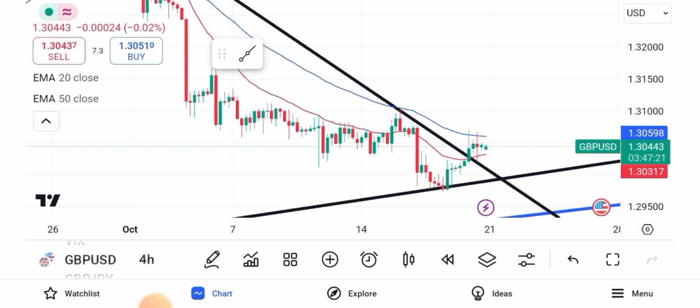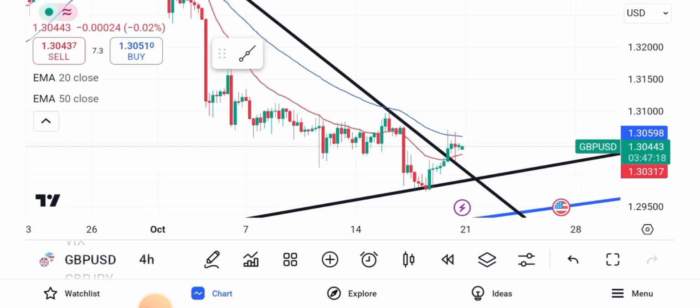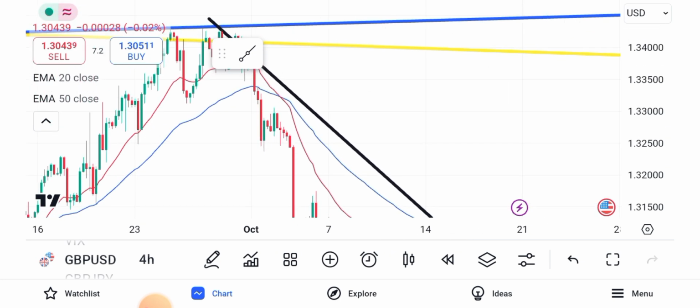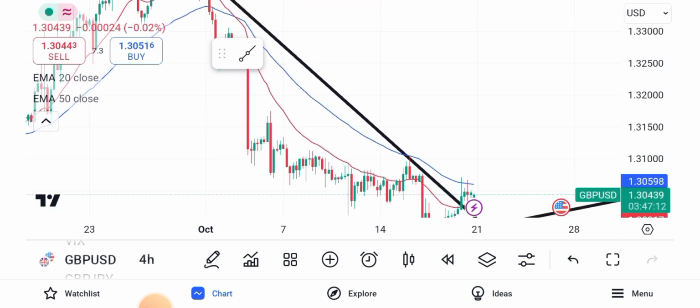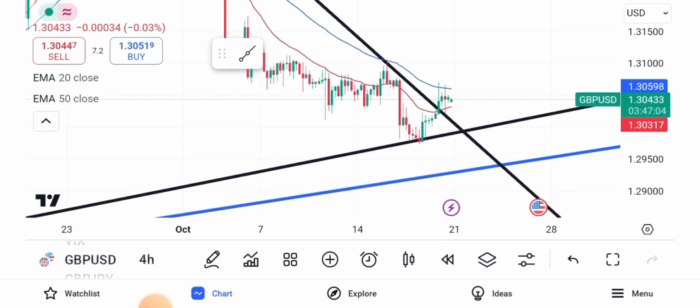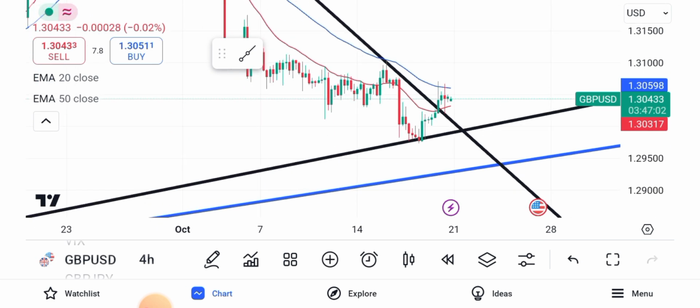So we are not sure. Okay, so in our 4 hour chart, we are realizing that we are in a probable uptrend right now, or if it breaks out of this trend line, then we are definitely going down.